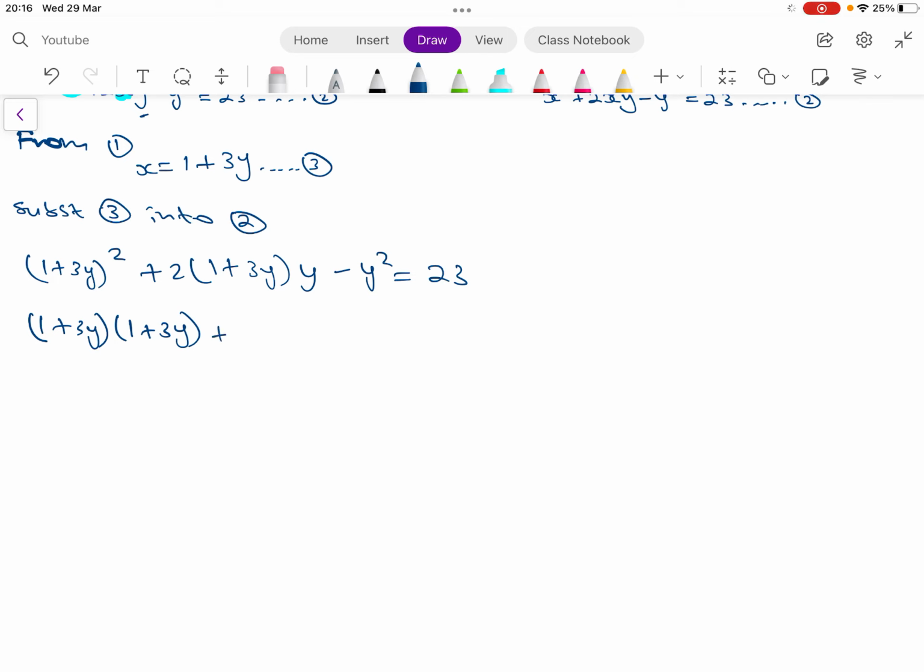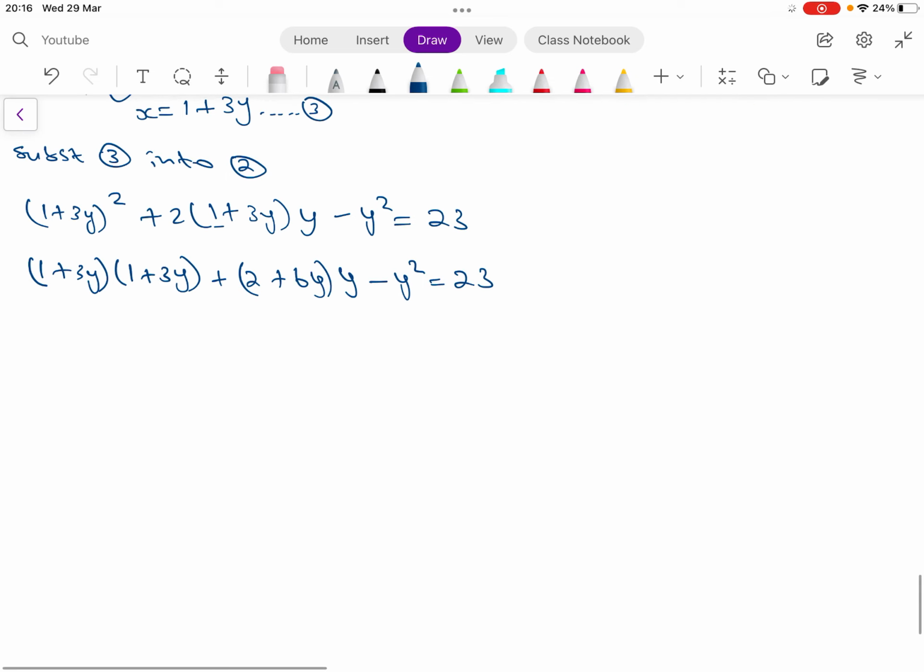Then the other part simplifies to 2 plus 6y, all multiplied by y, minus y squared equals 23. Now 1 times 1 is 1, plus 1 times 3y is 3y, 3y times 1 is another 3y, that is 6y, plus 9y squared, plus 2y plus 6y squared, minus y squared.